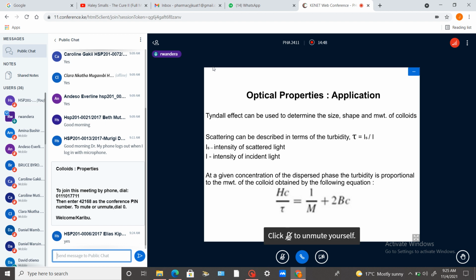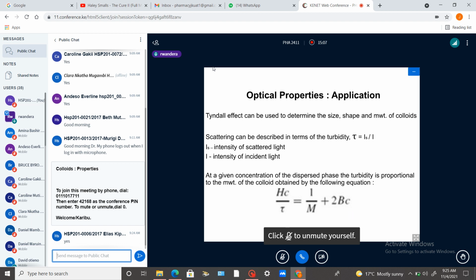So what is the application of these optical properties or the light scattering effect of colloidal dispersion? We can use the light scattering effect, or rather the Tyndall effect, to determine the size, shape, and also molecular weight of colloids.